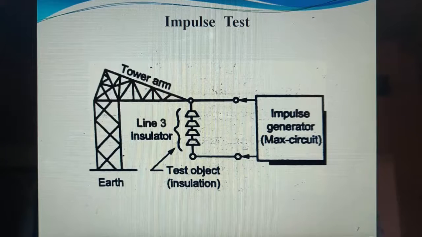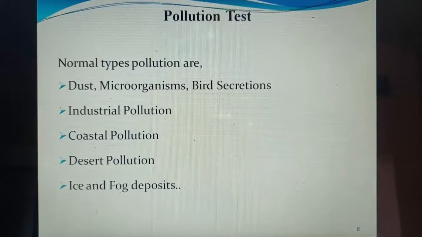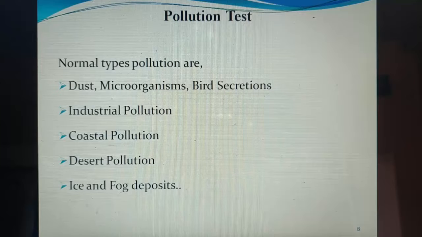Then next, the pollution test. Generally, normal types of pollution are dust pollution, microorganism pollution, and bird secretion pollution. Industrial pollution includes smoke, petroleum vapors, dust and other deposits.